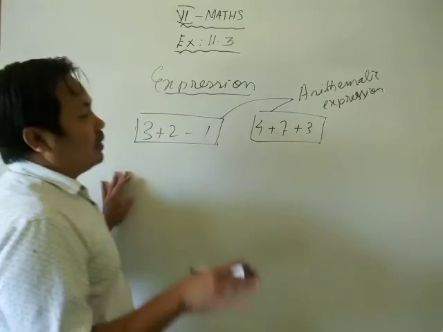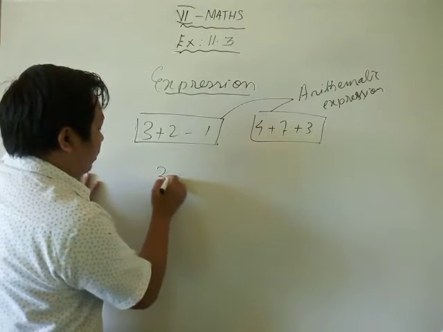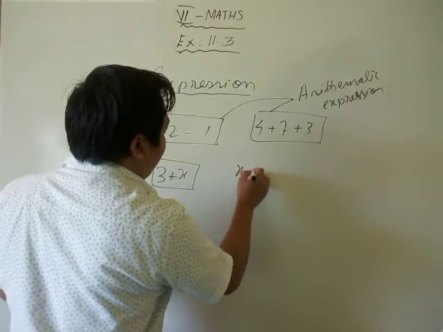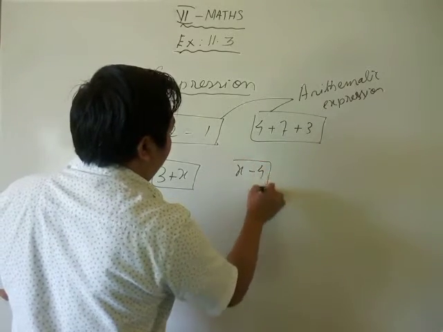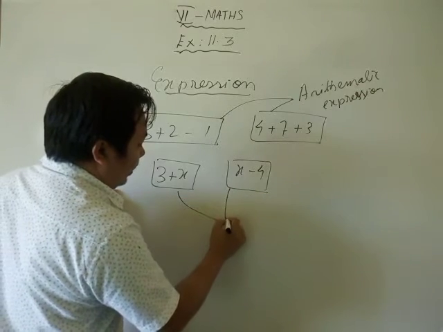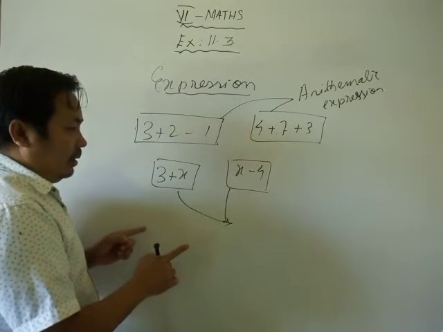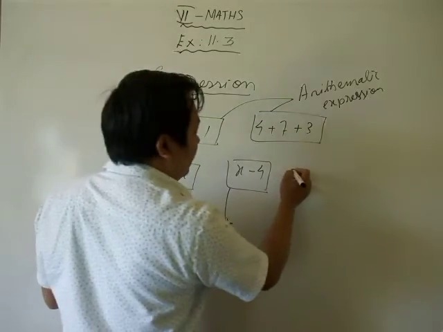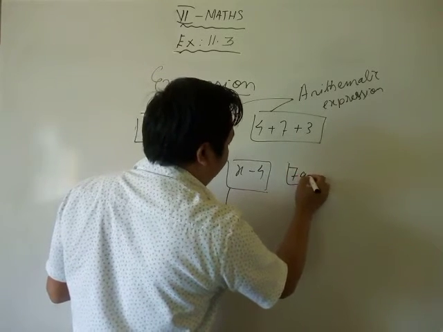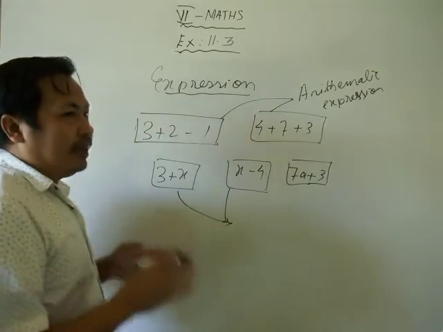But now you are studying algebra. In algebra, you will find expressions like 3 plus x, or x minus 4. In these expressions, alphabet letters are there, like A or B or C. Let us say 7A plus 3 is also another expression.